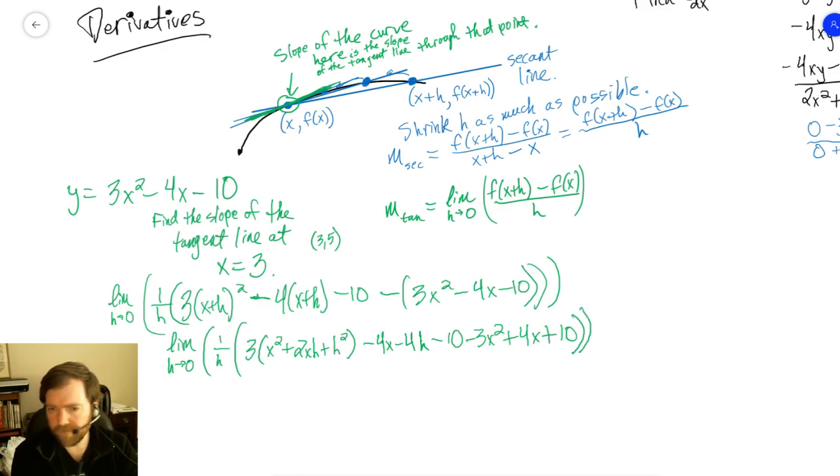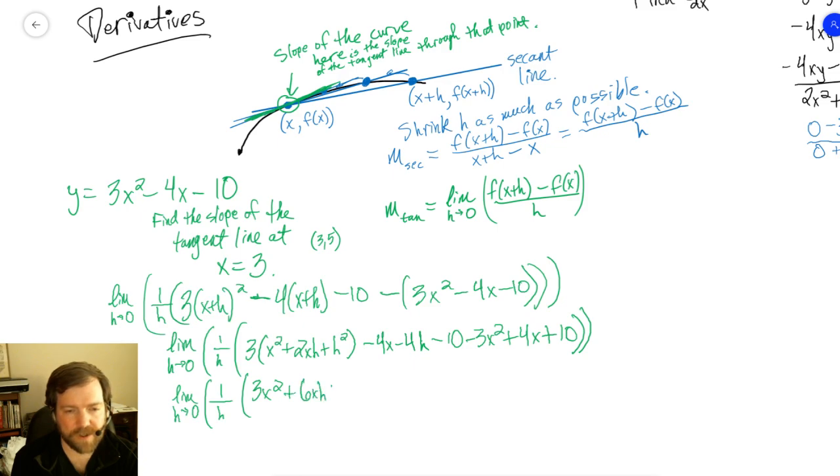Okay, so then this is going to be the limit as h approaches 0 of 1 over h times the quantity 3x squared plus 6xh plus 3h squared.